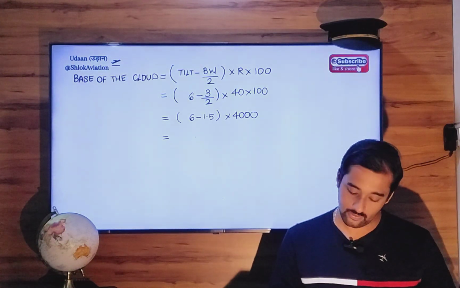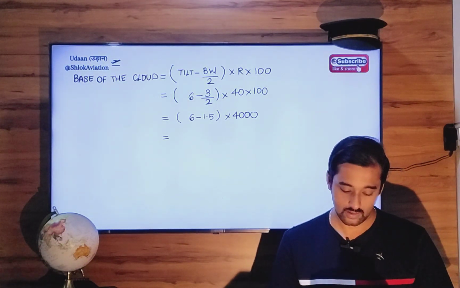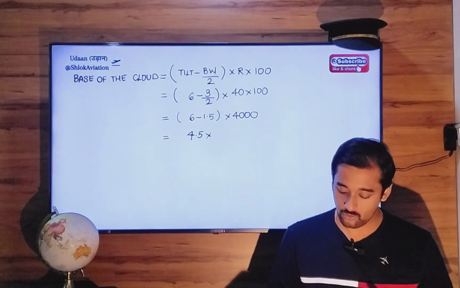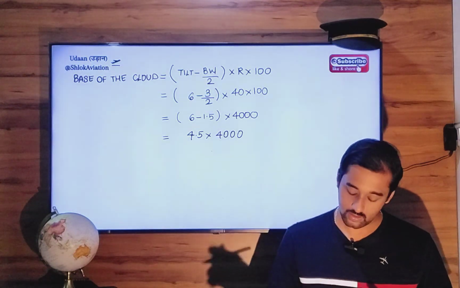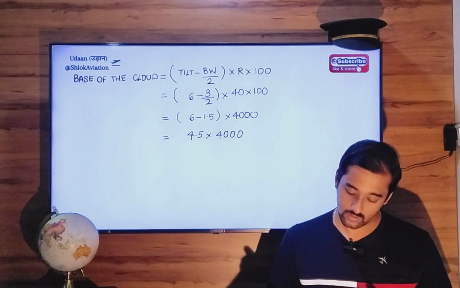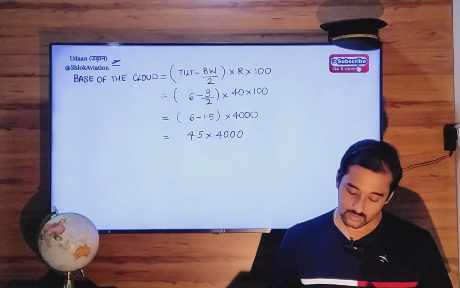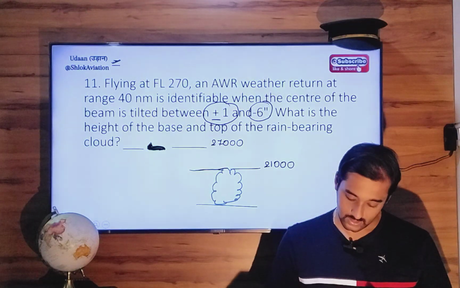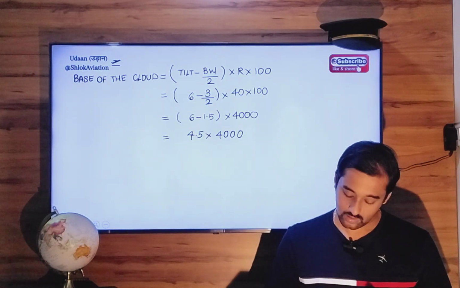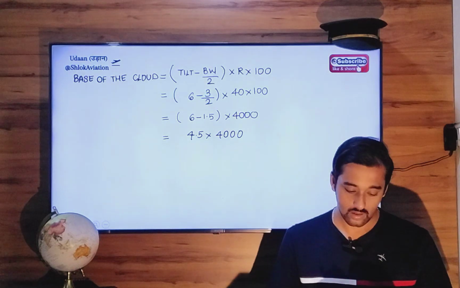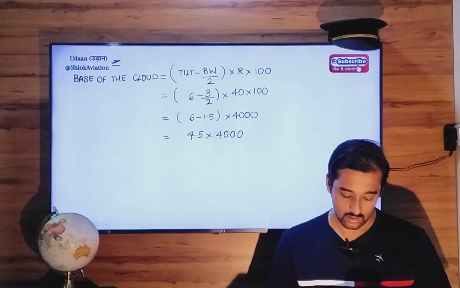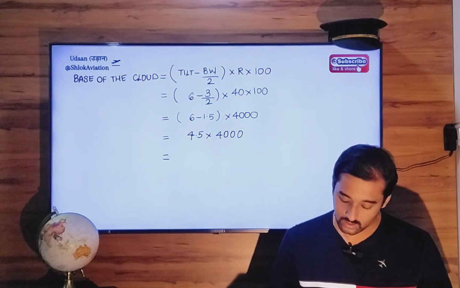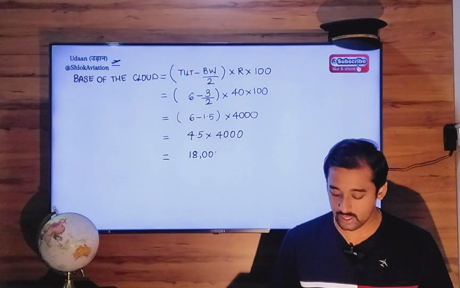So 6 minus 1.5 is 4.5 into 4,000, which is equal to 18,000 feet.